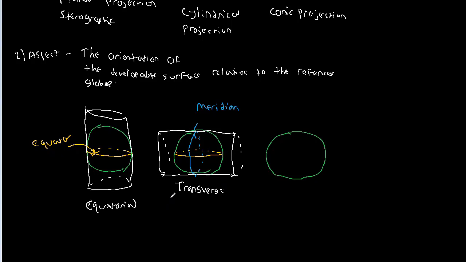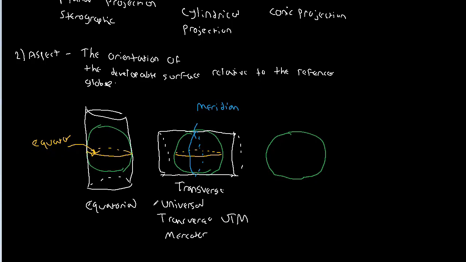And one of the biggest map projections that we're going to spend time talking about, and one of the most widely used projections on the face of the Earth, is called the Universal Transverse Mercator, or UTM.